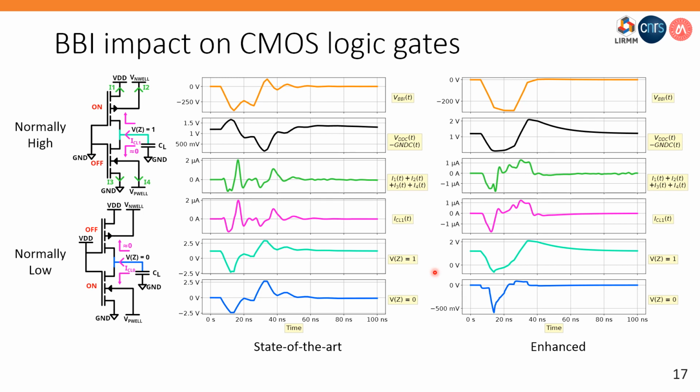Then, concerning the normally low inverter in the state-of-the-art scenario, it is pulled high on the second edge of the pulse, while on the enhanced platform, its value is pulled low and then returns to 0, which does not change the logic value of the inverter.